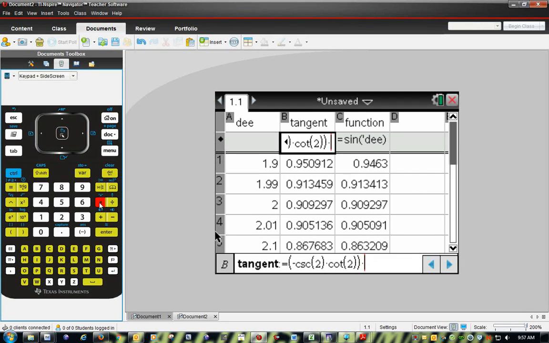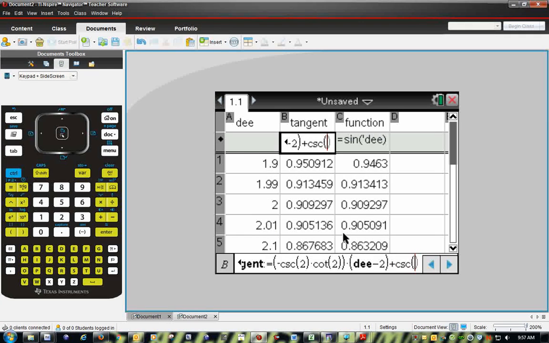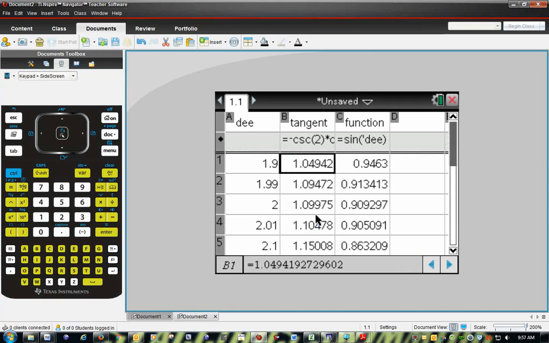That's going to be times the variable minus 2 plus the cosecant of 2. That's my tangent, and I'm going to overwrite all that data and get those values.